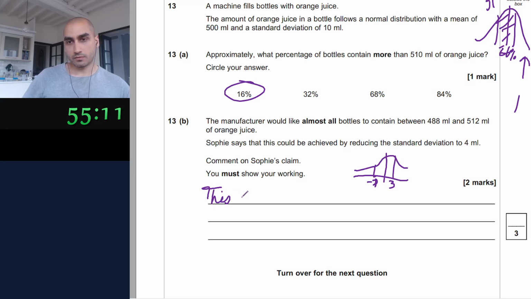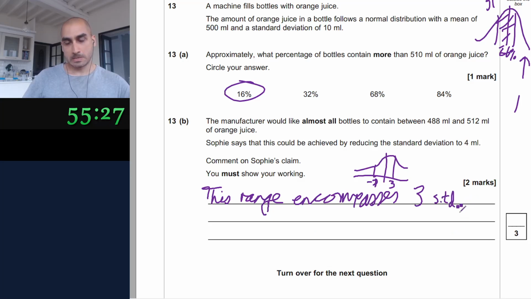This range encompasses three standard deviations. You do not want to get three standard deviations from the mean.